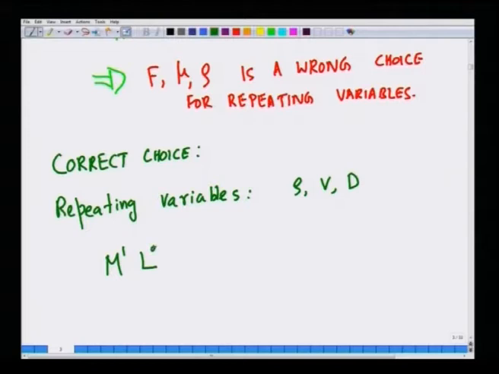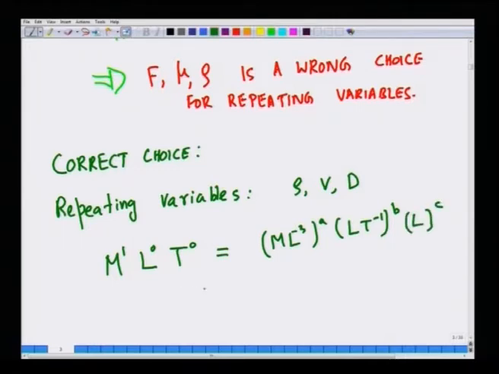M to the 1, L to the 0, t to the 0 is M L to the minus 3 to the power A, times L t to the minus 1 to the power B, times L to the power C. So, you have this equal to M to the power A times L to the power minus 3A plus B plus C times t to the power minus B.